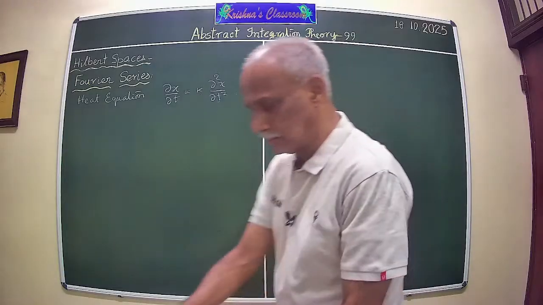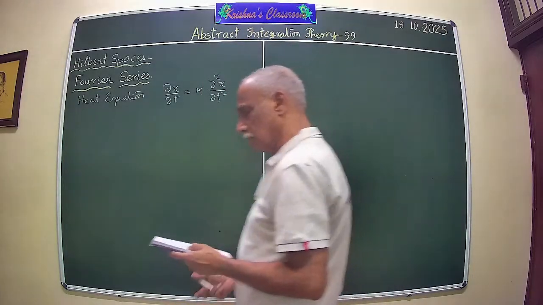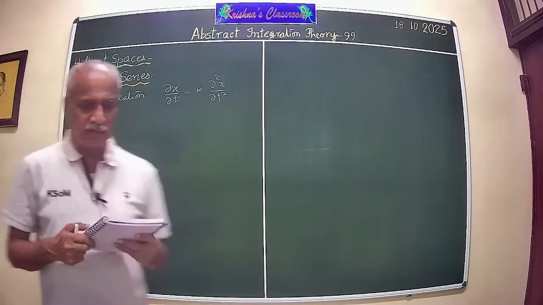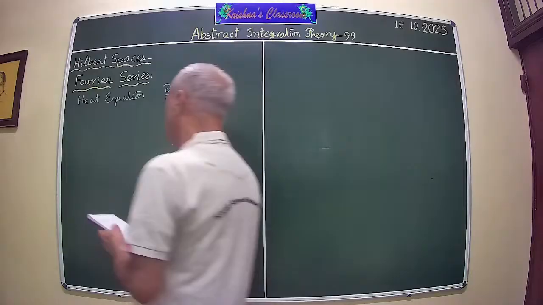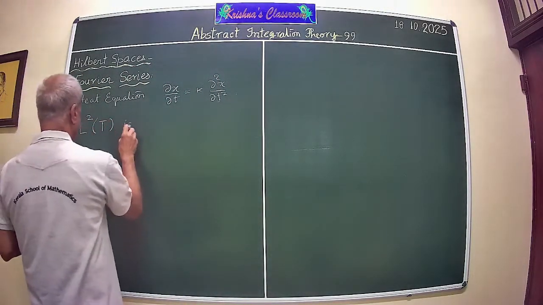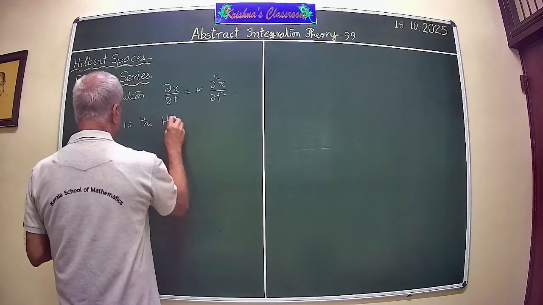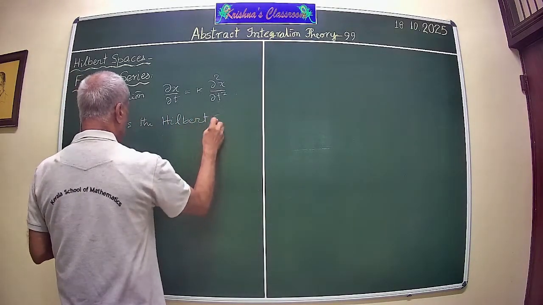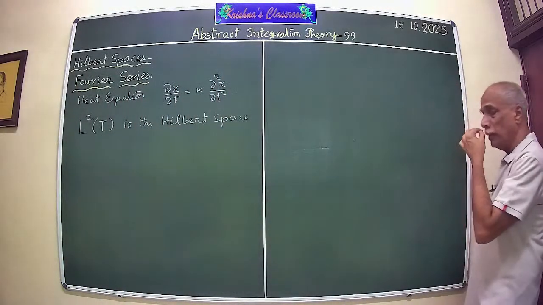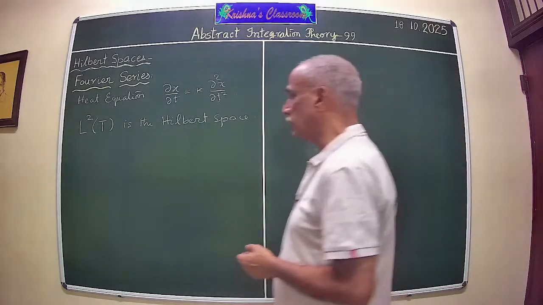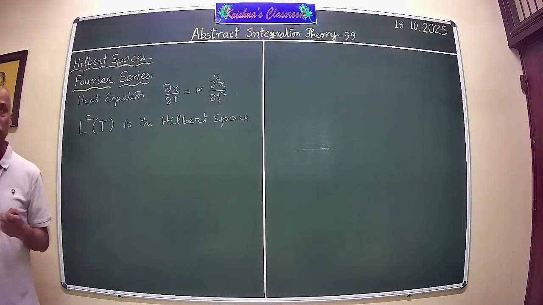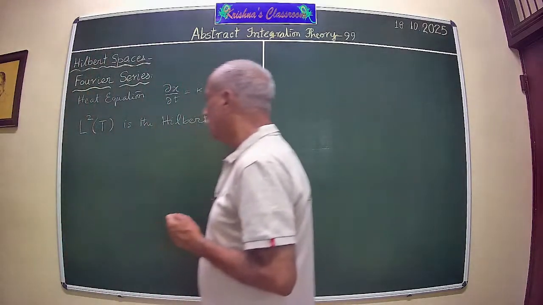Now let us just put together whatever we have done, and in this particular example, that will give you some insight into this. So you recall that L2T is the Hilbert space of all complex valued measurable functions on the interval minus infinity to plus infinity, which are periodic and with period 2 pi.